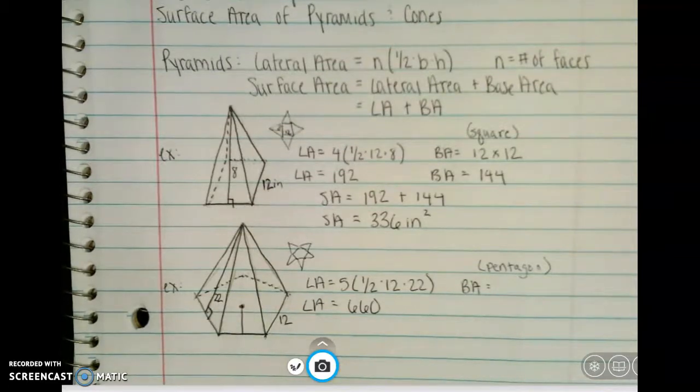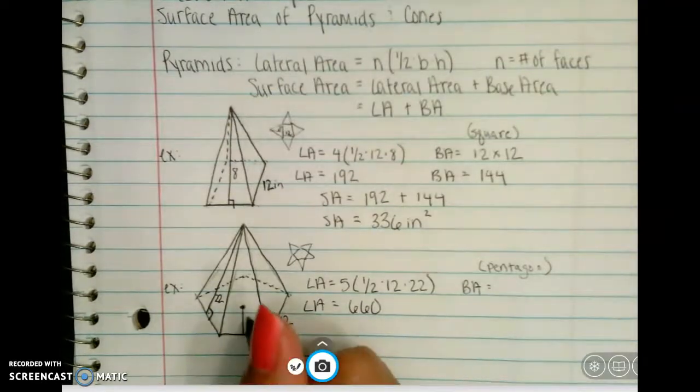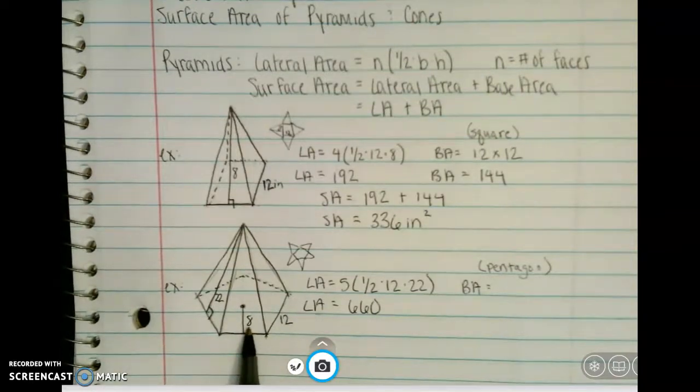So in a pentagon, there would be 5 triangles. Sometimes you're going to have to use trig, so you might have to find the apothem, but for this problem I'm going to let you know that the apothem of this shape is 8. If you're trying to find the apothem, the best way is to refer to the 11.2 notes where it talks about using tangent to find the apothem.